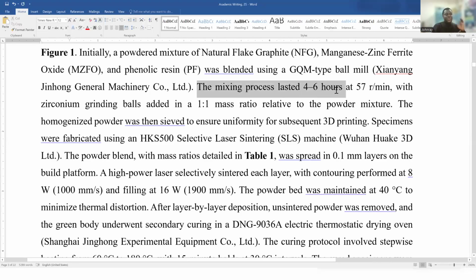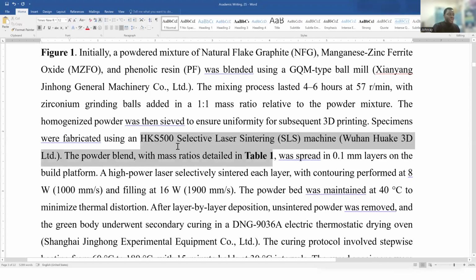So 6 to 8 hours within that period, and also the speed at which the Gene QM type ball milling was running. So that's what the person has stated. And also he has stated how the powders were mixed, the ratio, which says 1:1. If you look at it very well, he also talked about the machine he used in 3D printing. He clearly stated the machine they used, which is here.